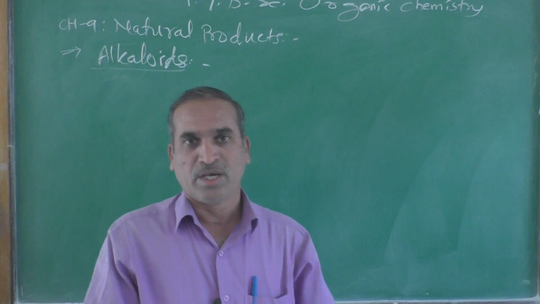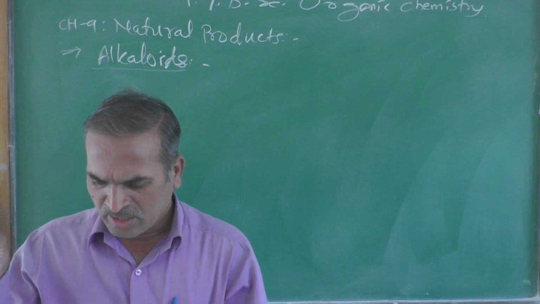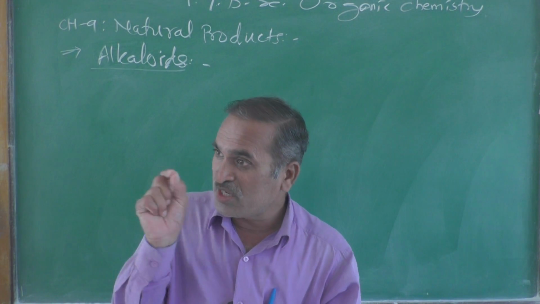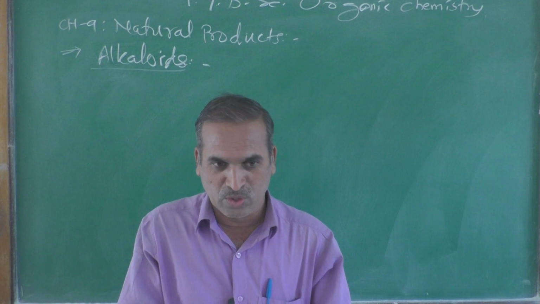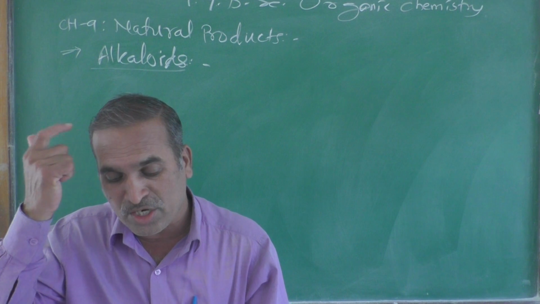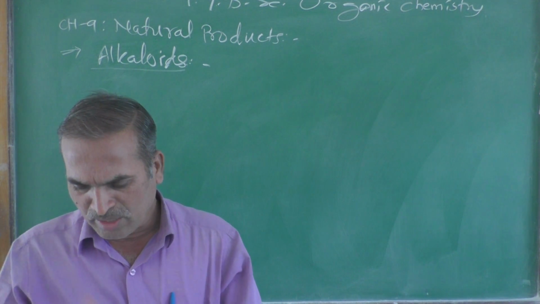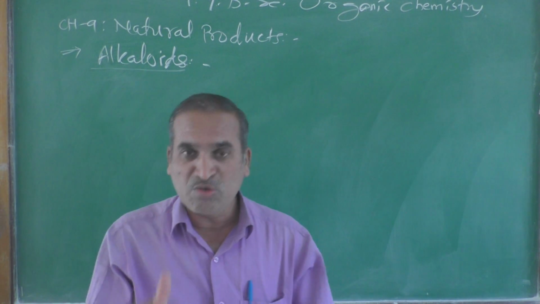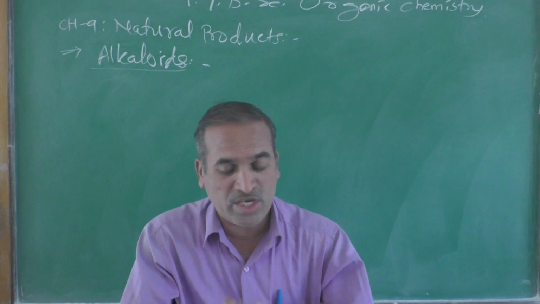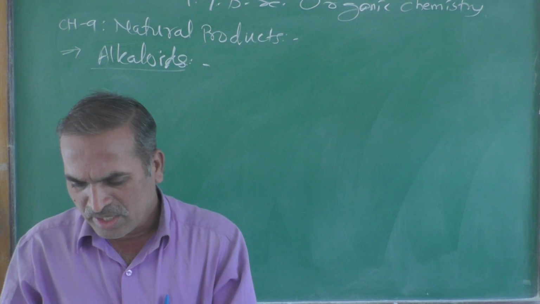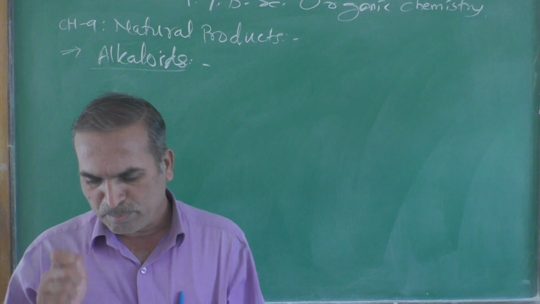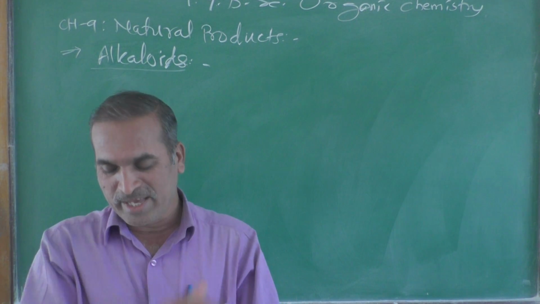For example, nicotine, which is present in tobacco, as we know, stimulates the central nervous system. And morphine relieves pain. Morphine, you know, is one of the alkaloids which relieves pain. Quinine is deadly poisonous, but also specific for malaria.